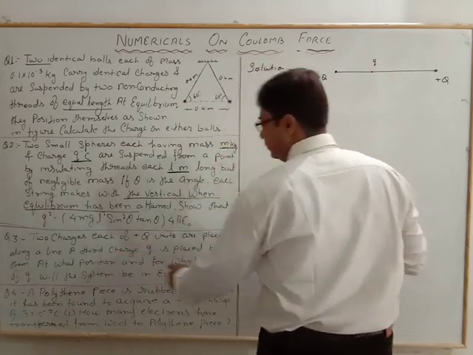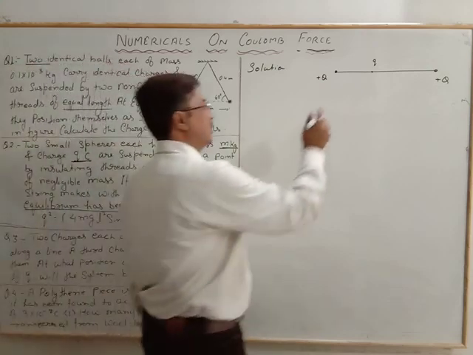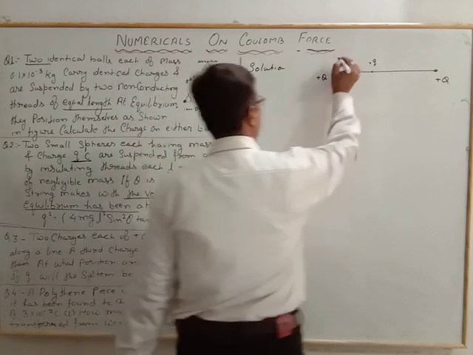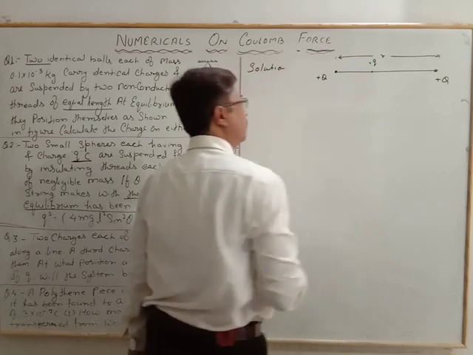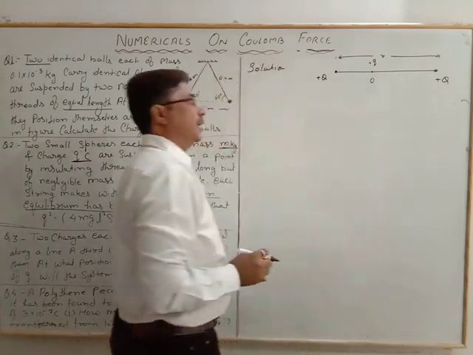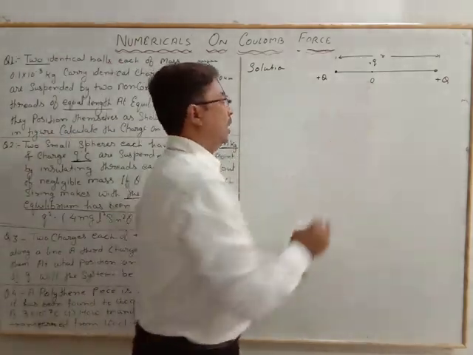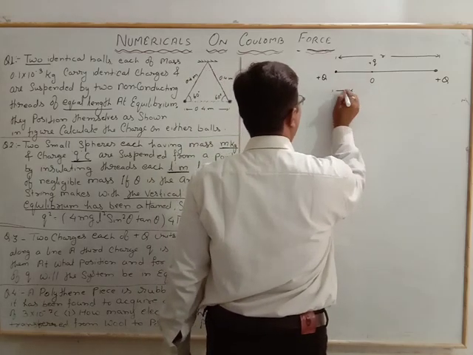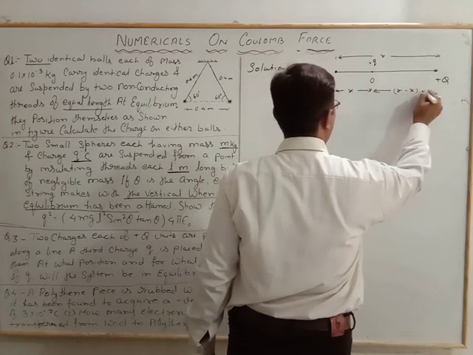All have the same sign, plus Q and plus small q. The distance between the two plus capital Q charges is r, and where the small charge is placed, we consider the distance up to it as x. Now the remaining portion is r minus x.